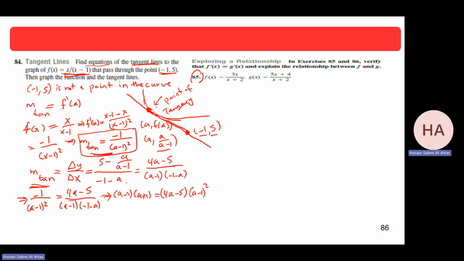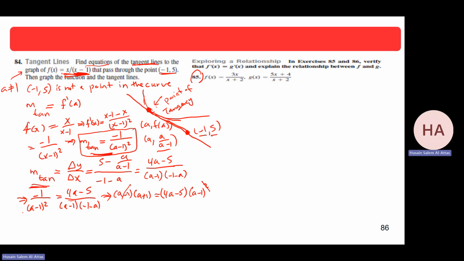Multiply, or I can cancel A minus 1 with A minus 1. Since A is not equal to 1, I should put the condition A not equal to 1, because if A equals 1, I have a problem with the function. f of A is not defined. So from here, A is not equal to 1, so I can cancel it. I have no problem canceling it.